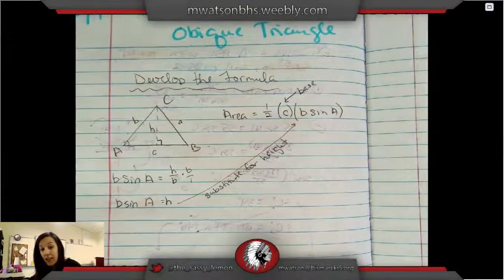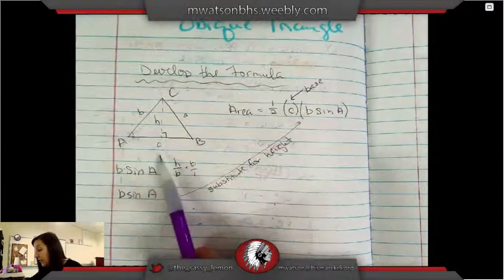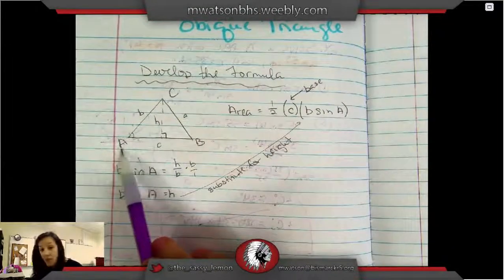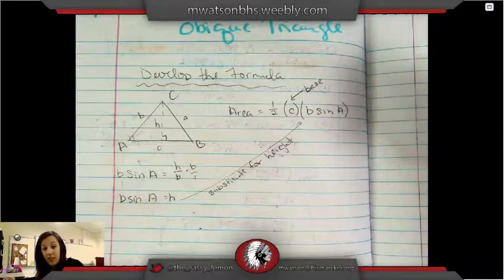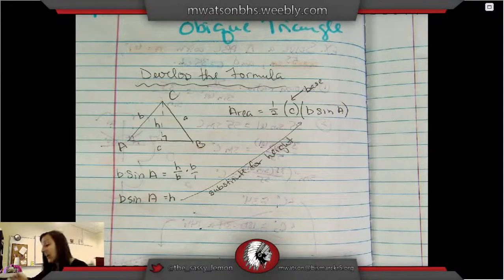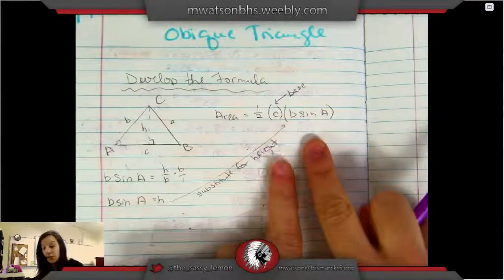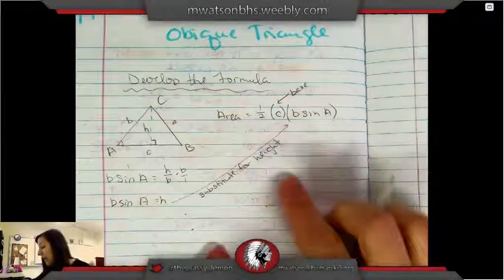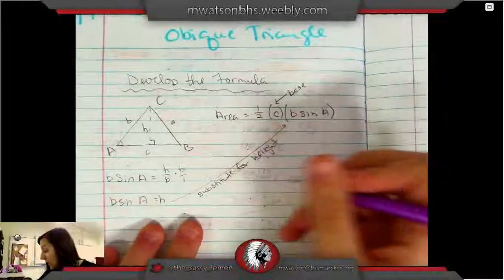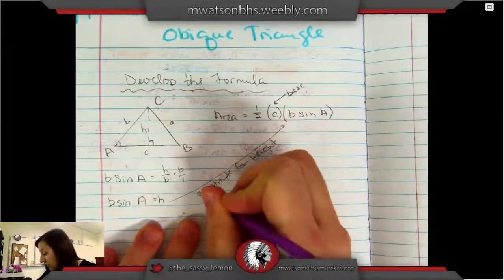And voila, if we're given these two side lengths and this angle that's in between them, then we know the area. We can actually develop the formula 3 different ways. So this is one of the formulas that mathematicians have formulated, but we're going to go ahead and write the other two as well.